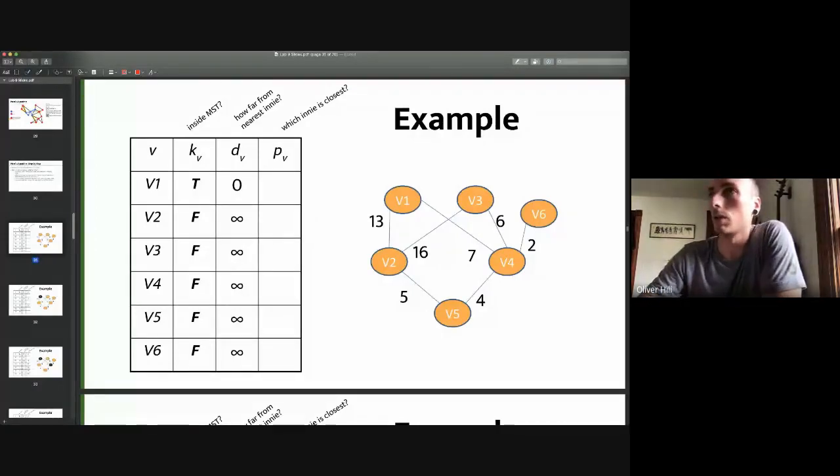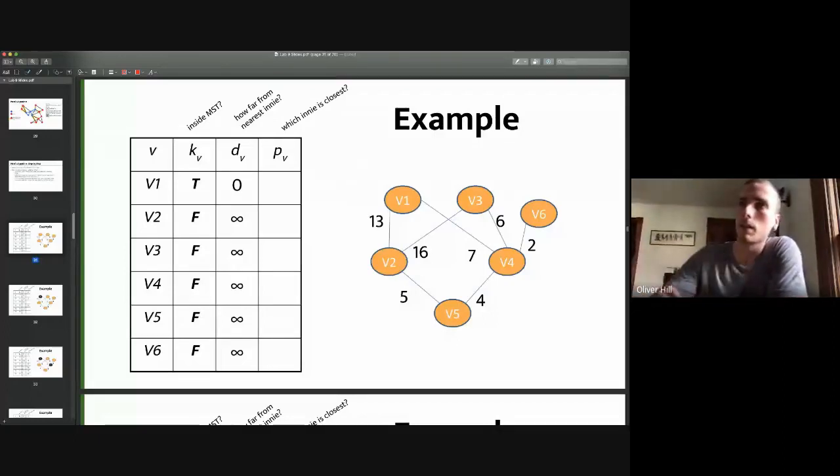Okay, so here we're just marking vertex 1 as the initial starting point of our MST. It could be any vertex, it doesn't matter, but we're going to choose one and go with it. So we're taking 1. Is it inside the MST? True and false, yeah, true and false. Inside MST is K here, K sub V. V1 is inside, everything else is outside for the moment.